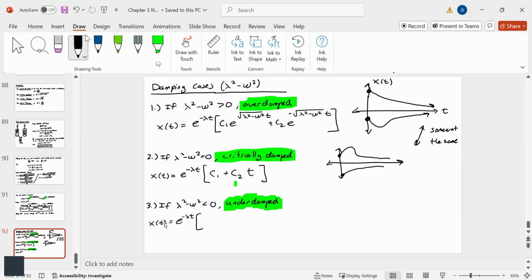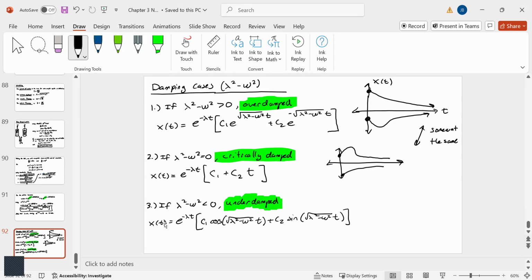And no surprise here, if you recognize that this is complex, they're going to have sine and cosine. So C1 cosine of lambda squared minus omega squared t plus C2 sine of lambda squared minus omega squared t.